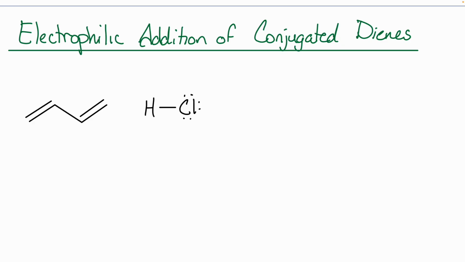All right, and that first step is the exact same. We have our pi bond playing the role of the nucleophile, attacking that electron deficient hydrogen. Okay, so everybody take a second and draw me my intermediate here.